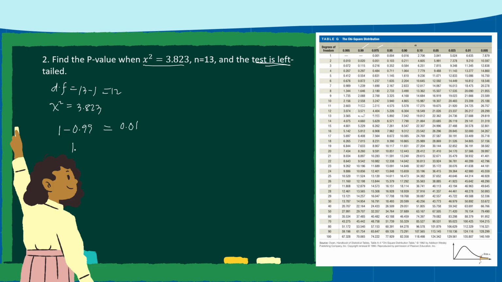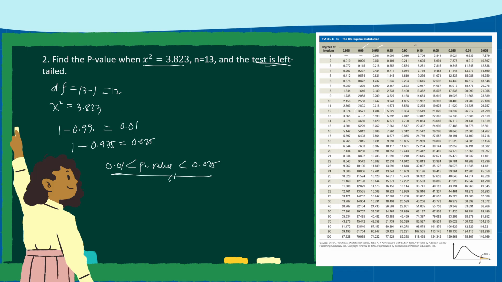And the other one, the p-value is between 1 minus 0.975, that is equal to 0.025. So therefore, we could say that the p-value is greater than 0.01 but less than 0.025.